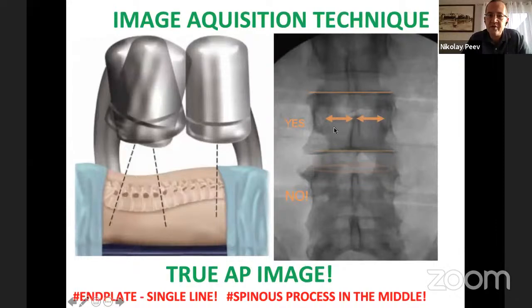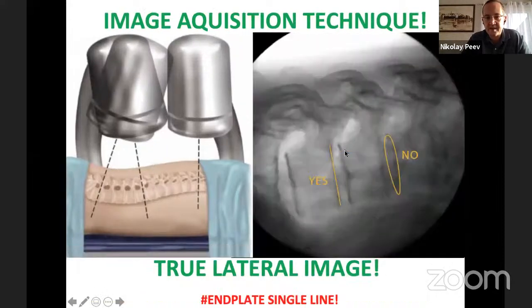Another simple rule that you have to follow for a true AP image is that you have to make sure that at all times and with all the pictures, the spinous process is right in the middle between the two pedicles. If you follow these two simple rules, then there is a good chance that your AP will be a true AP, and you will have the right guidance.